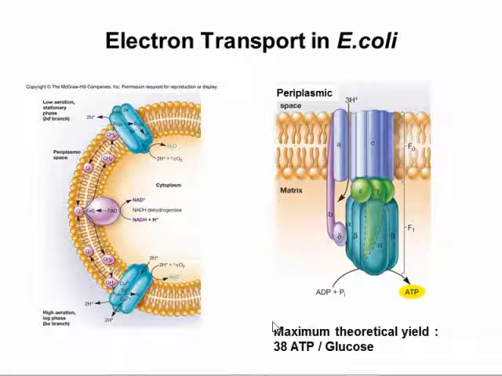Okay, so if you think about glycolysis and the Krebs cycle, then the bacterium will have generated a lot of NADH, and it's got to get rid of these electrons. So here, NADH is going to be recycled by NADH dehydrogenase.